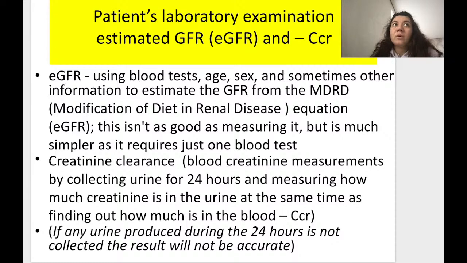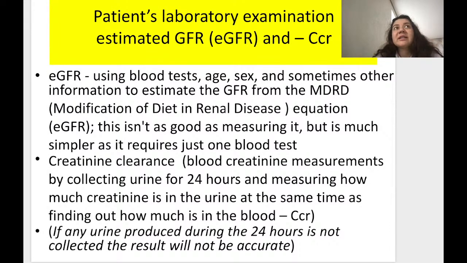For routine clinic, we have a simpler and more useful test for checking GFR. We can calculate it by the formula from creatinine level and other information about this patient.